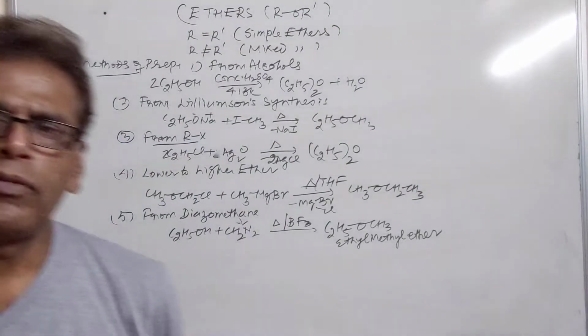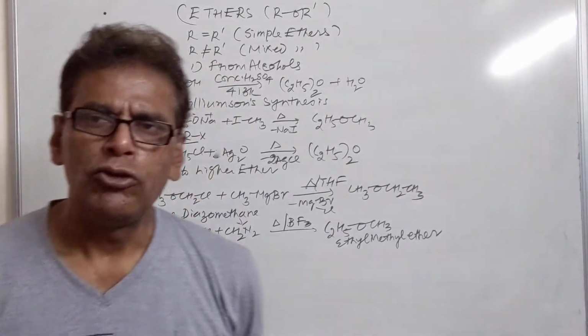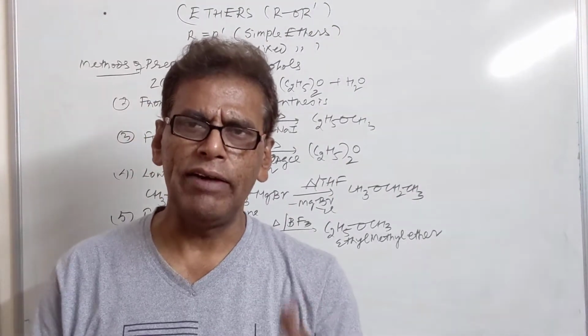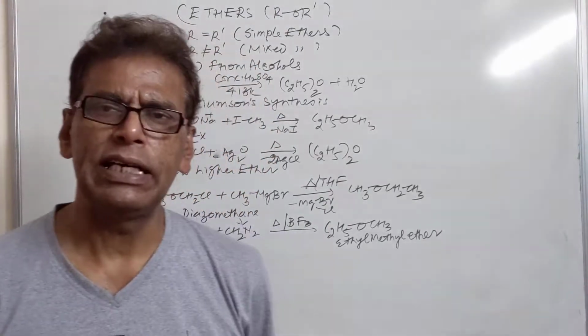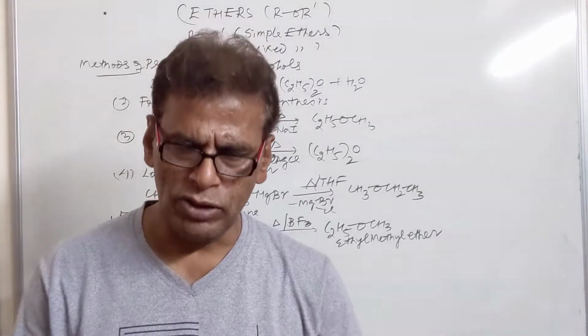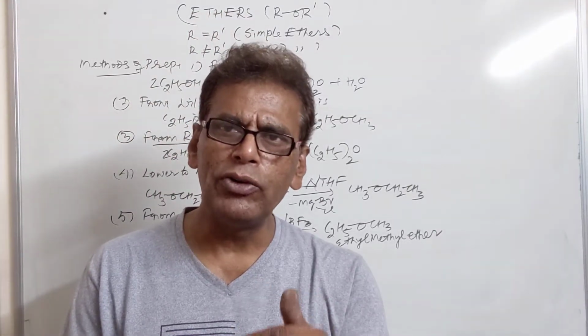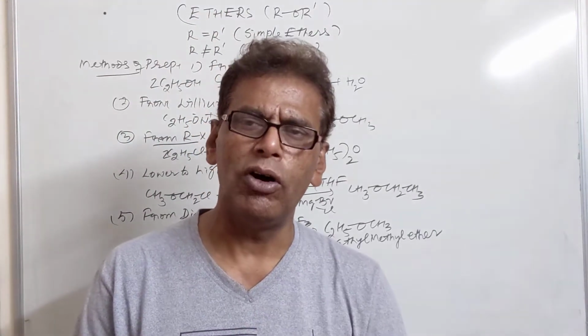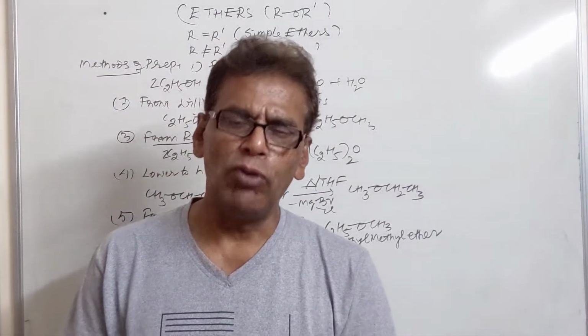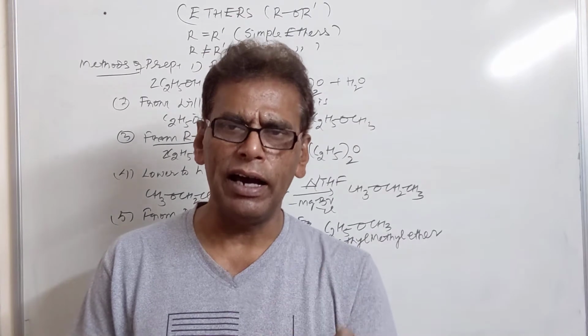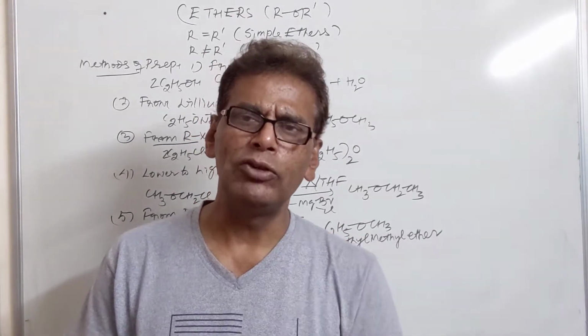Then we have a very important question. To prepare ethers having a tertiary alkyl group, we never use tertiary alkyl halides in the Williamson synthesis. We always use the salt of the tertiary alcohol and heat it with alkyl halide. Why don't we use tertiary alkyl halides in the Williamson synthesis?